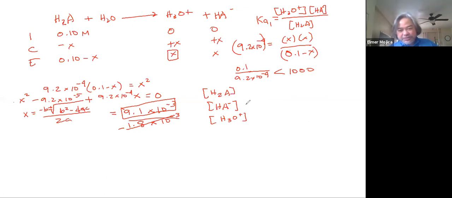The H3O plus and HA minus have the same value, 9.1 times 10 to the negative 3, because they're X. Now H2A is 0.1 minus 9.1 times 10 to the negative 3, which gives you around 9.1 times 10 to the negative 2.